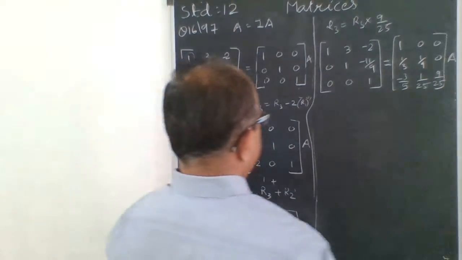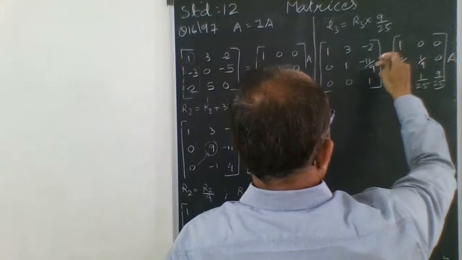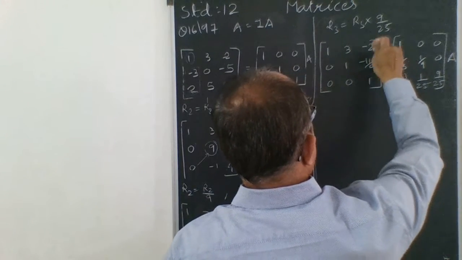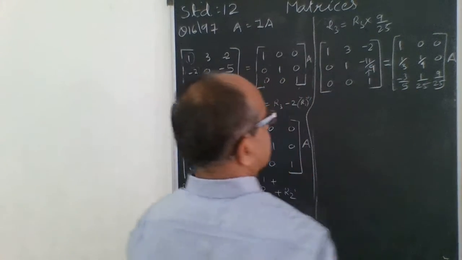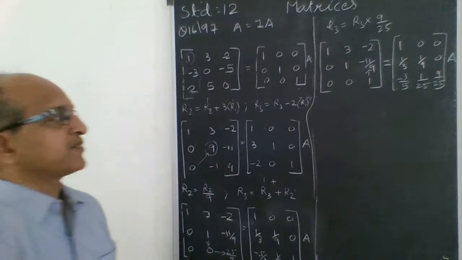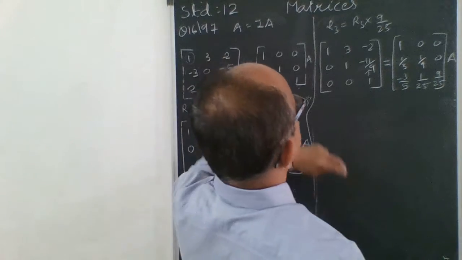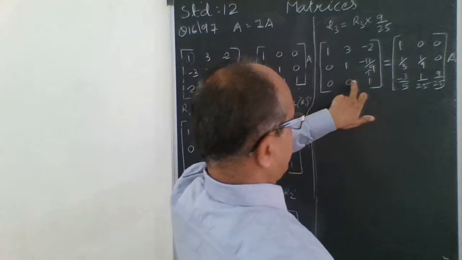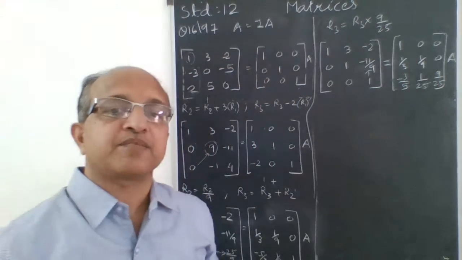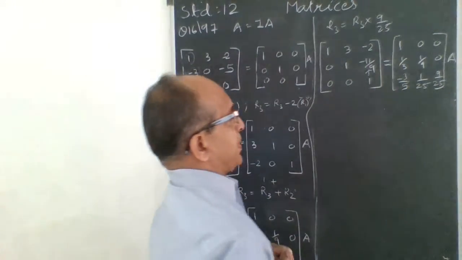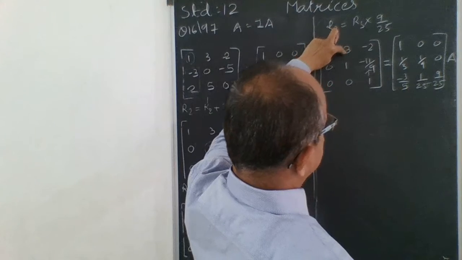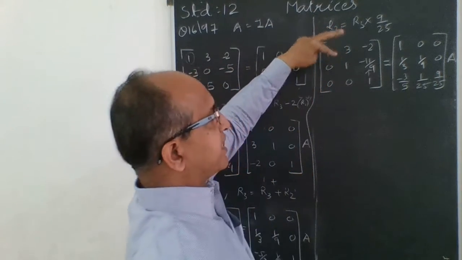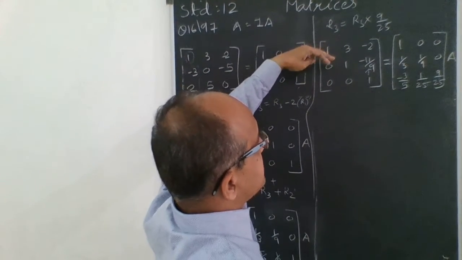Now we want this element and this element as 0. So make this as a 0, right? So what we can do here, these two already are 0, so whatever we multiply, it doesn't make any difference. Okay. So what we can do here, to make this, it will be easy.